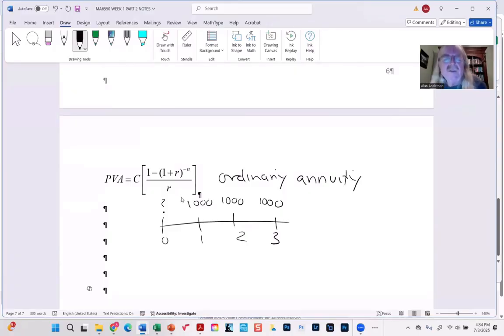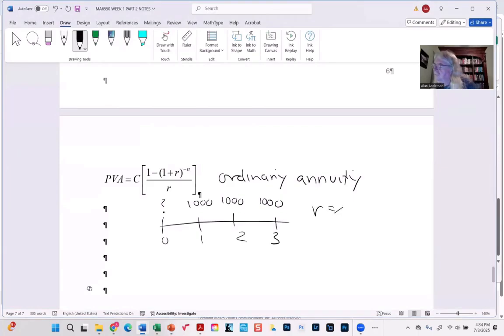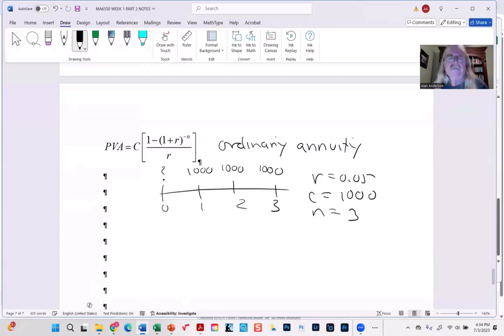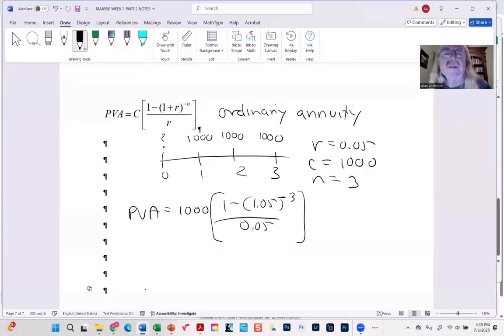So given that the interest rate is 5%, the C is 1,000 and N is 3, we're looking at the formula. Just be careful, that exponent is negative.